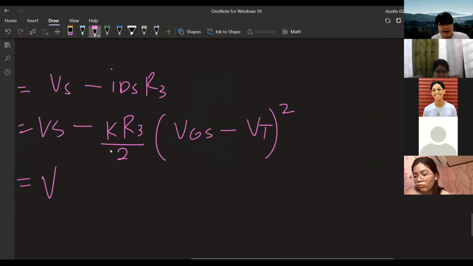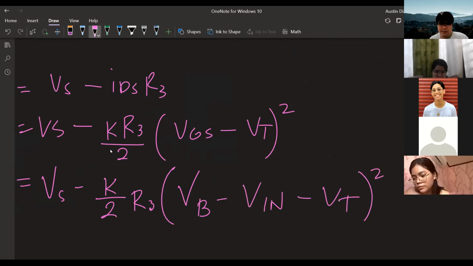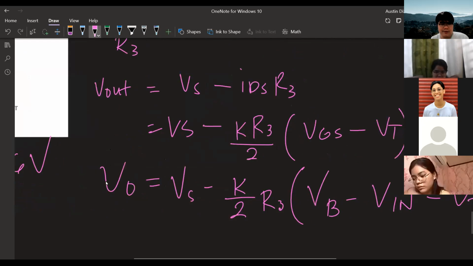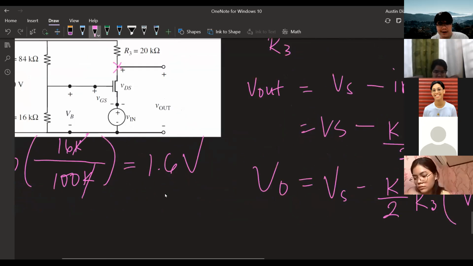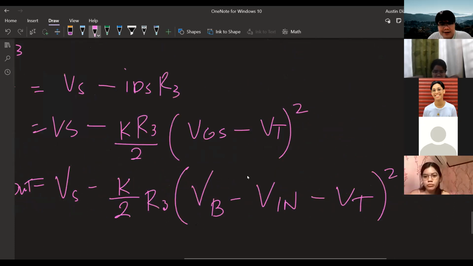Okay, we have that. Walang bago, di ba? Dali lang. And then this is VB minus Vin minus VT squared. So this is V out. Nakalito talaga yung notation ni Agarwal.